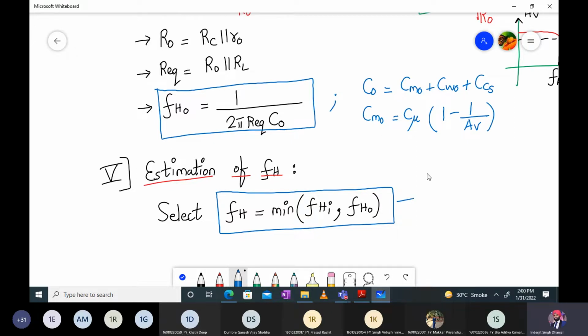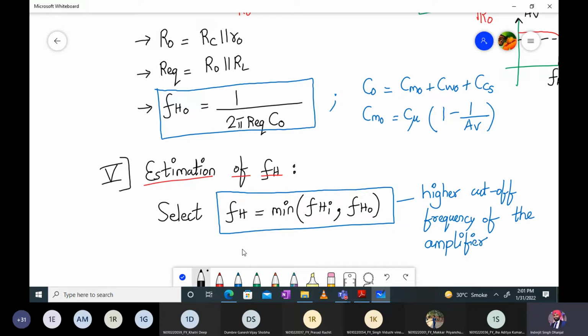So please note down this is the higher cutoff frequency of the amplifier. Okay, and that completes the high frequency response analysis, right?